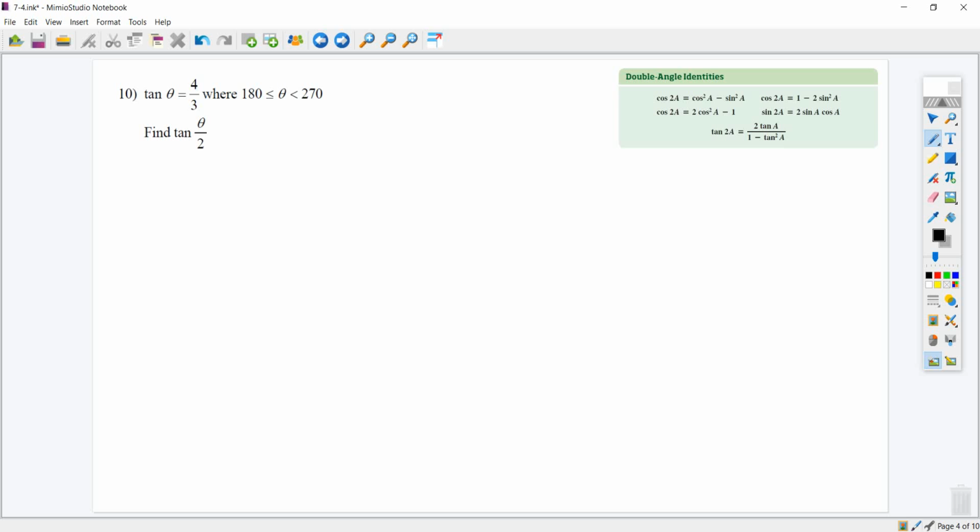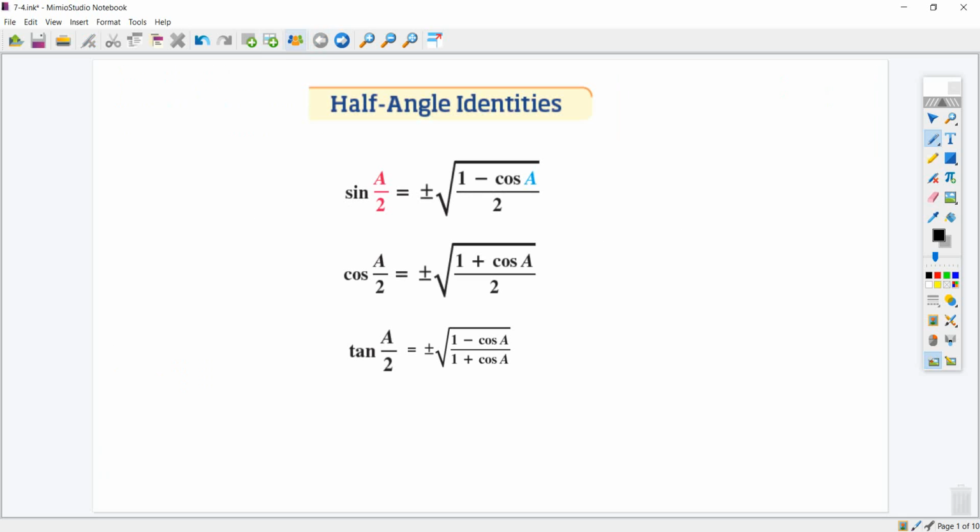Both ways are okay. So, to make our job easier, let's go back to the very beginning and look at what tangent A over 2 is equal to. That was plus or minus the square root of 1 minus cosine theta over 1 plus cosine theta. We can even use this one to find the answer.